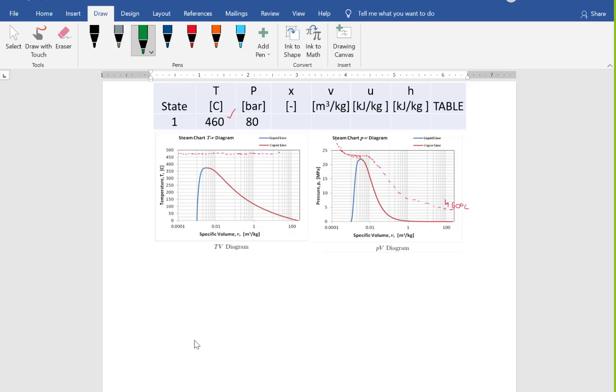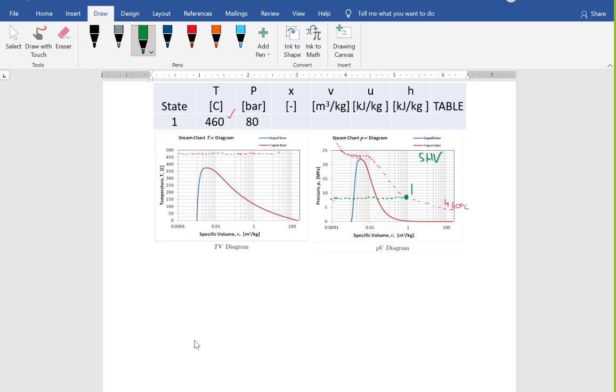So bar is 100 kilopascals, and 80 bar is 8 megapascals. So that's something like 5, 6, 7, 8. It's over here. So this state point on my PV diagram looks like it's going to be here in the superheated vapor region.